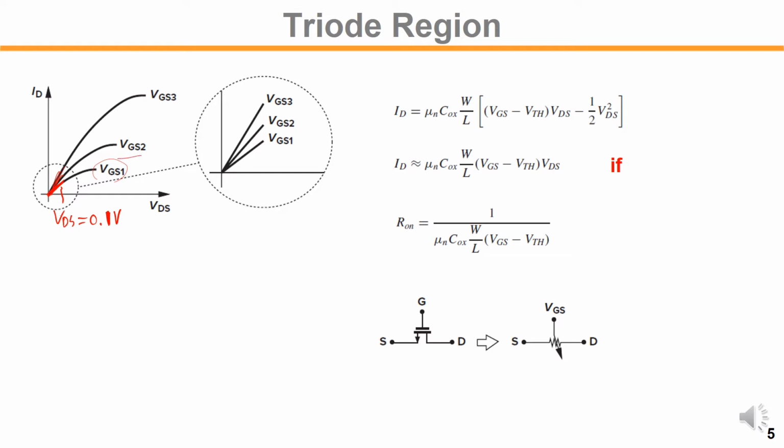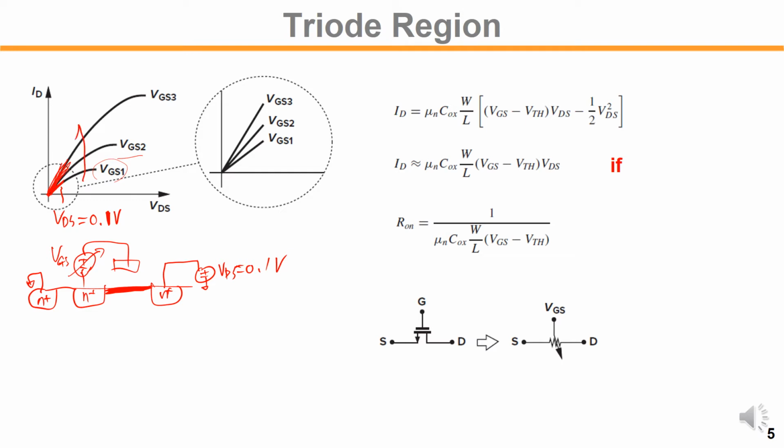If you increase VGS, then more current flows. For a fixed VDS, like 0.1 volt, if you increase VGS, more electrons are attracted to the surface, which increases the current level.